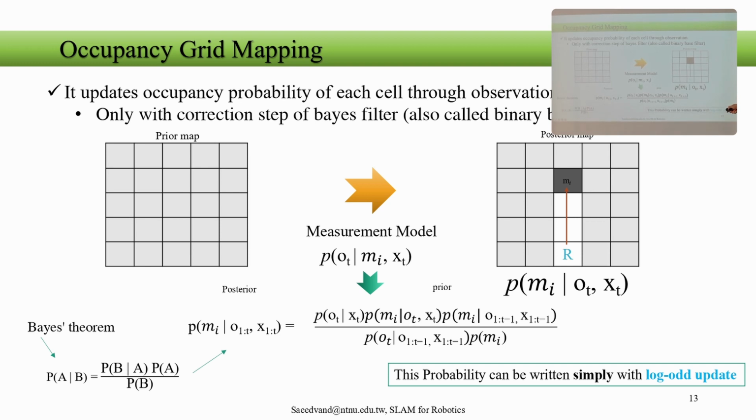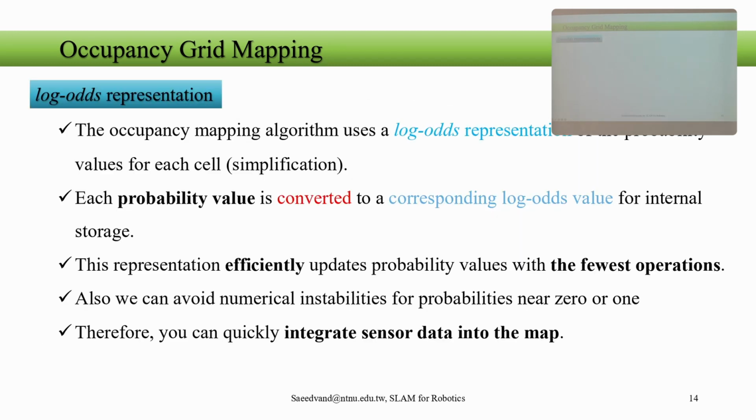What we need to do is apply the log odd form of representation to calculate this term over here. I'm not going to show the details of how we can achieve it. There are lots of calculations. You can have a look in the book if you want to see how we can apply this.